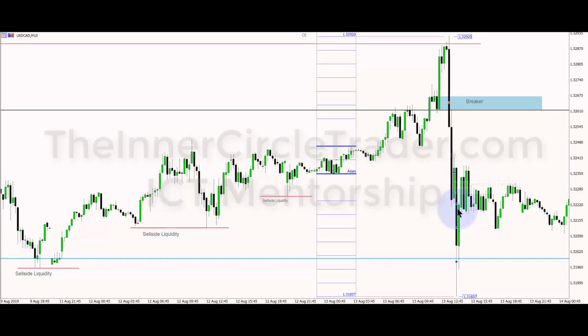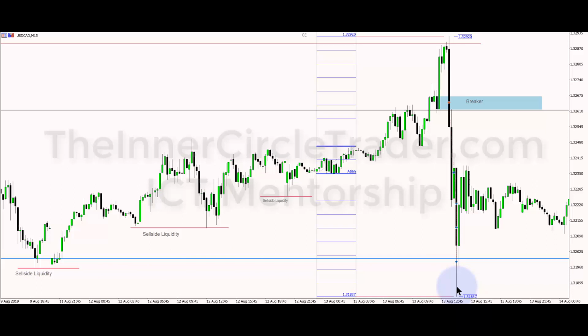Every point at which I exited and took partials was relative to these price points. So I was pairing liquidity. Sellers, okay, I'm buying back some of my short that I put in here. I bought some back below the Asian range. I bought some back below the liquidity pool. I bought more below the rejection block.